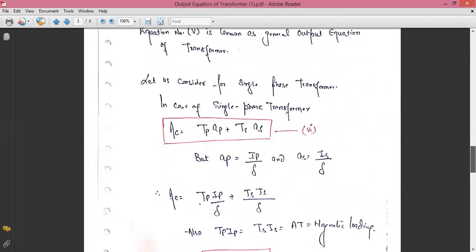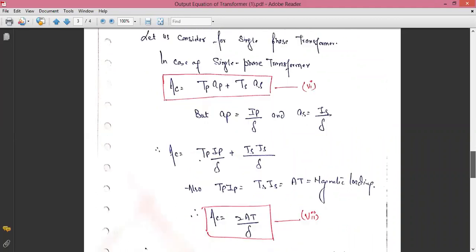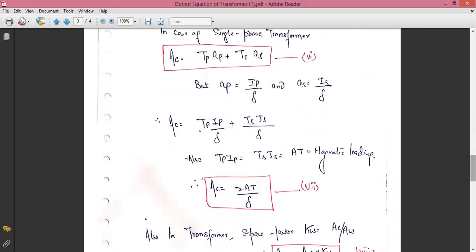You can see Ac = Tp Ip upon delta + Ts Is upon delta. And we know that in a transformer, Tp Ip is equal to Ts Is, the reason being the magnetic loading remains constant. So you can say that Ac = 2 AT upon delta, where delta is the current density, and we have this equation number 7.